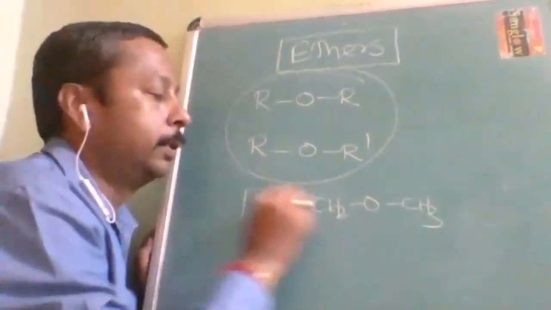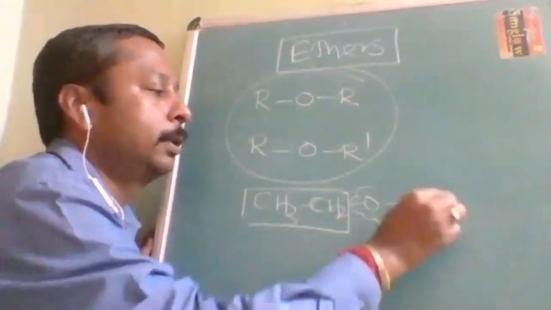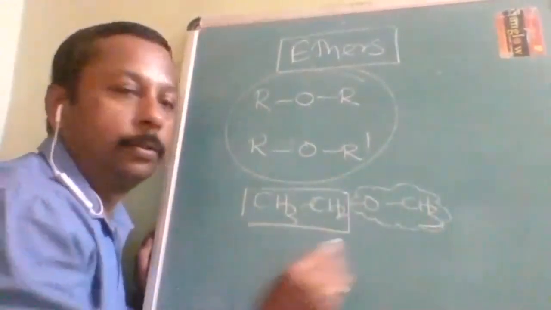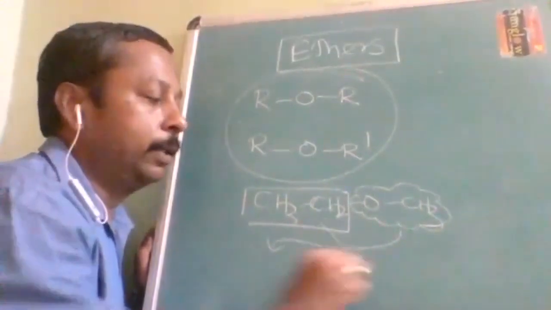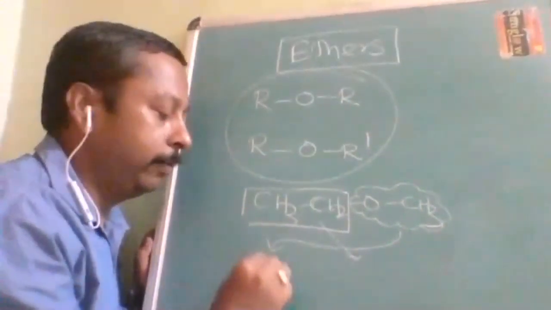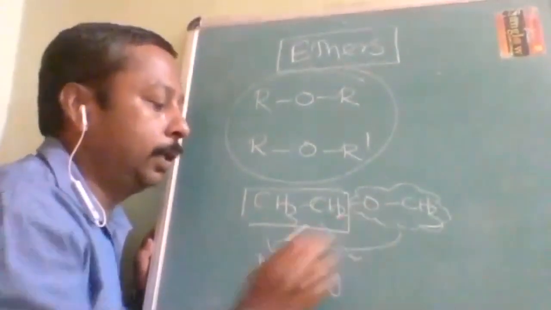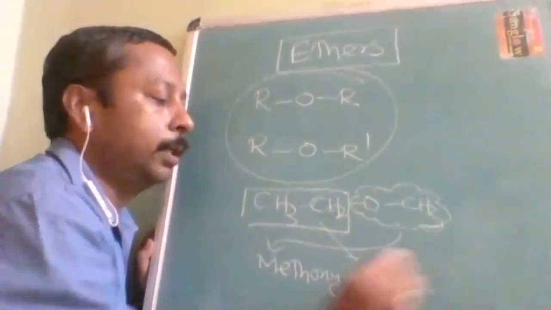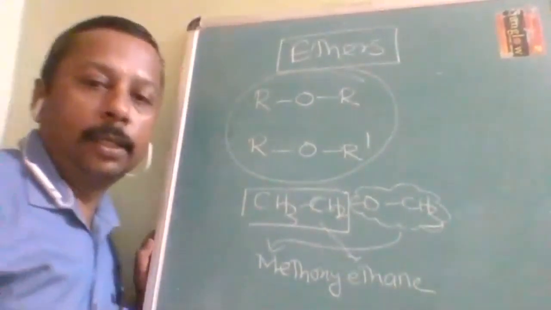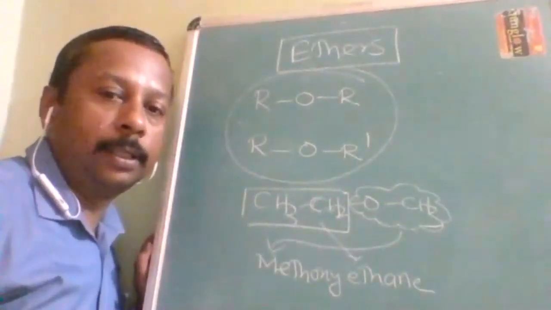This is the longest possible chain, and this is the substituent. The substituent must be written before, along with the word root. So the naming will be methoxy, this methyl and oxy, and it is ethane. Is it understood, students? So the IUPAC name of this ether is methoxyethane.